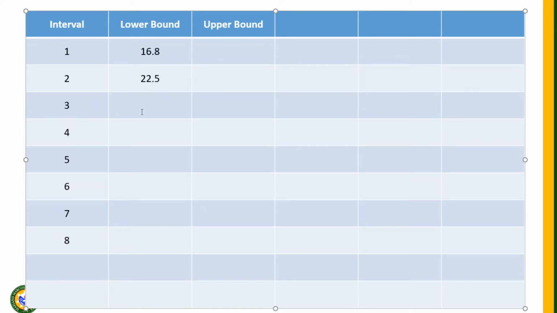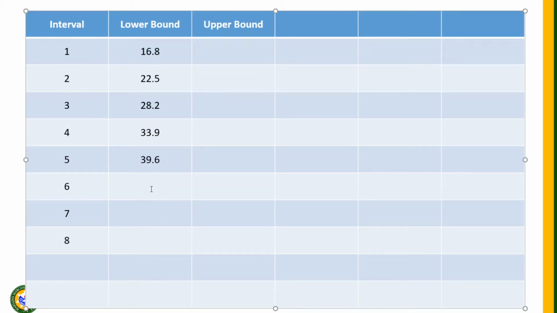Then we add 5.7 again, we have 28.2. And then plus 5.7, we just need to add the class width to get the next lower bound.